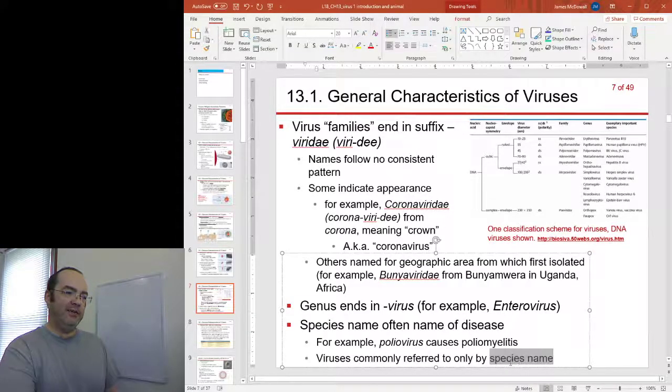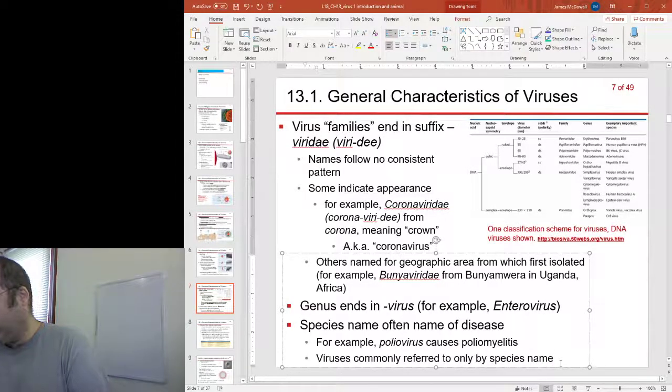And we often typically refer to viruses by their species name, such as poliovirus, or you can look at all the examples in the book there. Rabies, for example, and HIV. A lot of variation in the naming scheme.